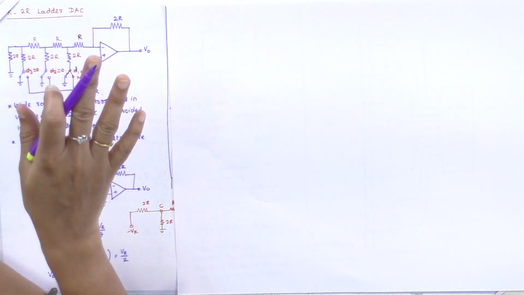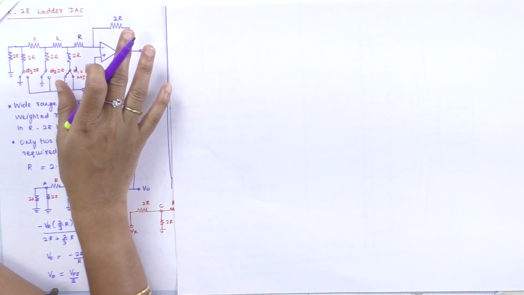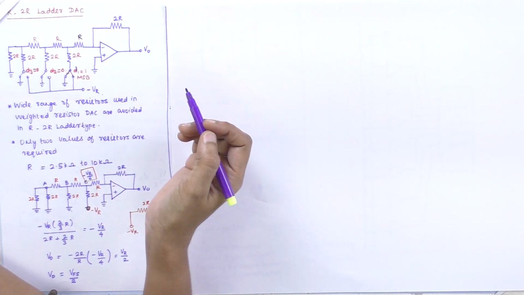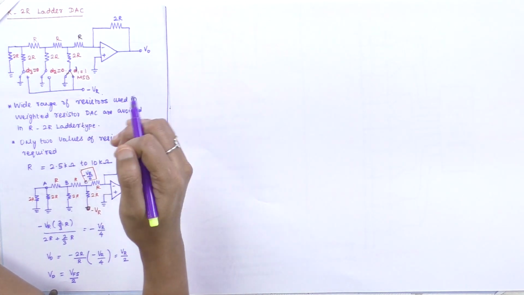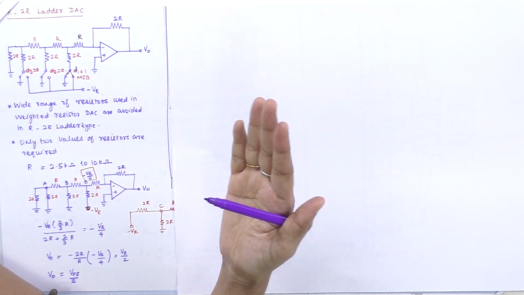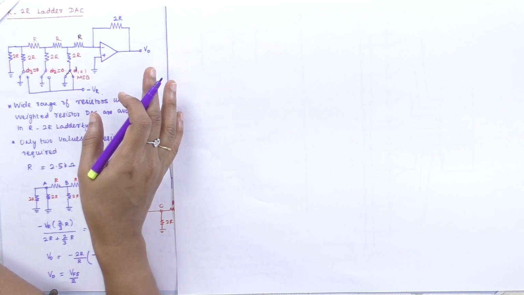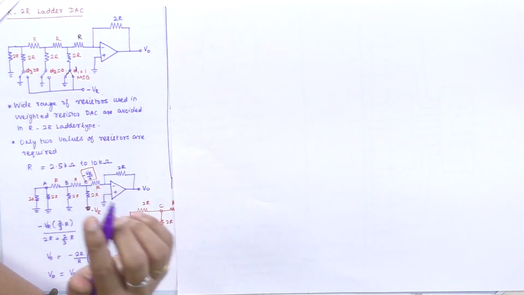So why do we go for this technique? In this technique, we do not prefer a wide range of resistors. In the weighted resistor DAC we used resistors of 2 power 1, 2 power 2, up to 2 power n minus 1, or 2 power n weighted resistor values.